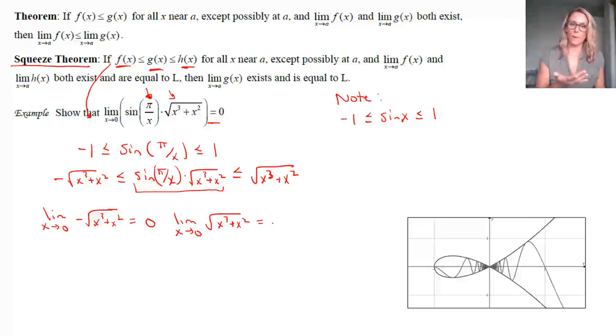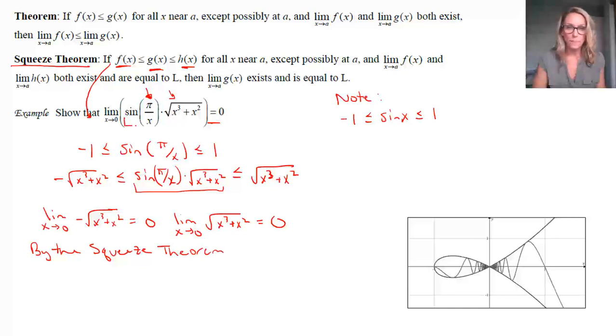You can plug in 0 and come out with a real number, it's 0. So the limit on the left-hand side is 0, and the limit on the right-hand side is 0. By the squeeze theorem, there's nothing else that our limit can be, because we've now just squeezed it.